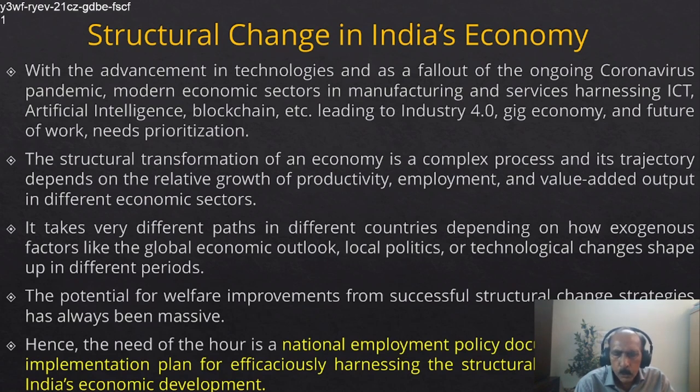And therefore, the only way through which we can slightly modify our structural change is by enhancing the skills of the educated people in the country, and the skills to be provided to them should match the skills required in the market. Unless the skills possessed by the person match the skills required in the market, this problem will not be solved.